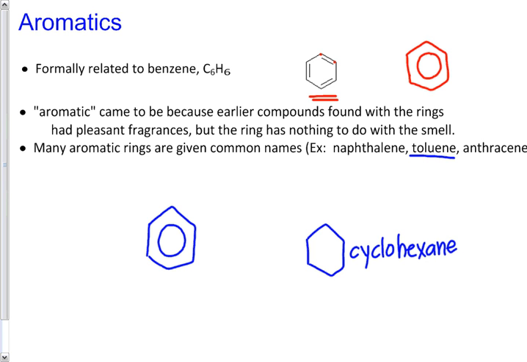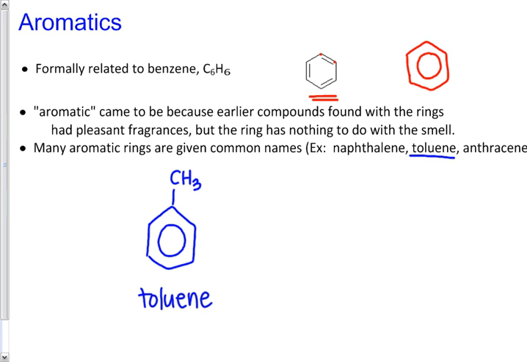A cyclohexane has all single bonds. This is a benzene structure here. Now, if we were going to draw toluene, a toluene has a methyl group on just one of the carbons. So this right here is the common name of toluene, not to be confused with any of the cyclo compounds.